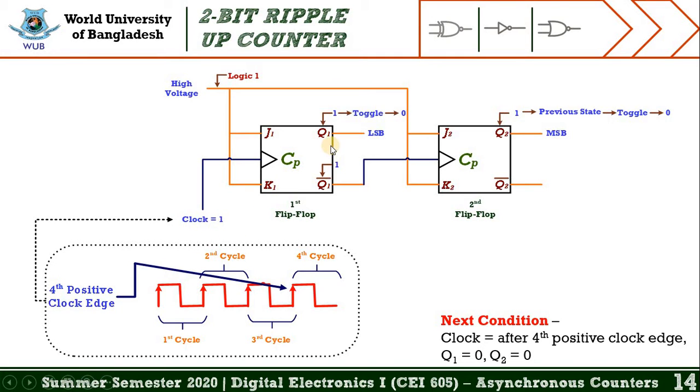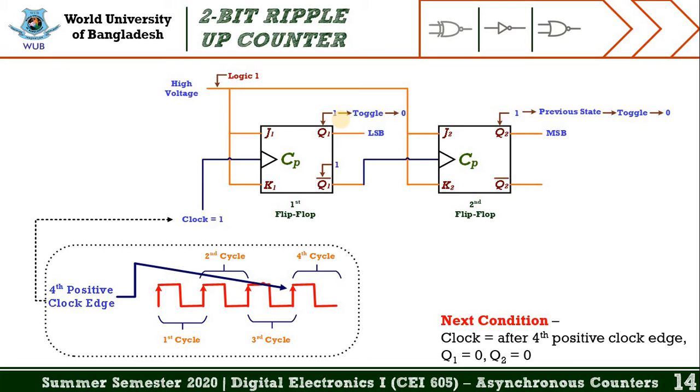Since the value of clock is 1, the first flip-flop is activated or triggered, and the first output value is 0, because the value for the previous state is 1, and as we have already known, at every next state the output value is toggled, that's why we got 0 here.